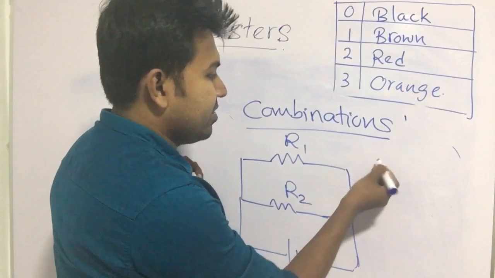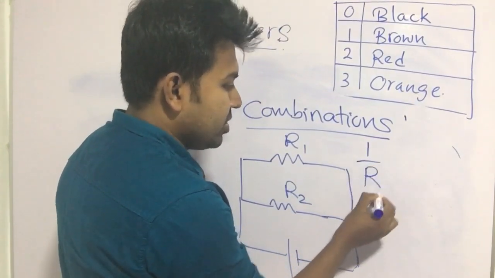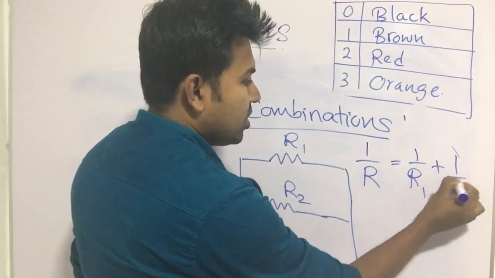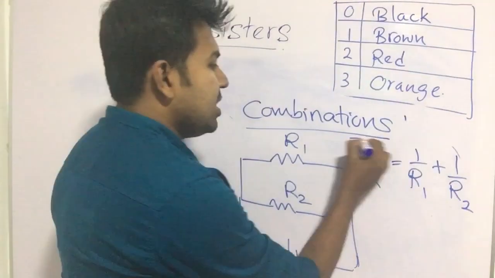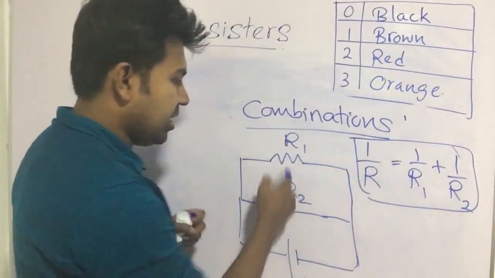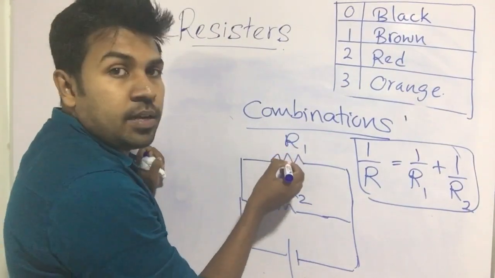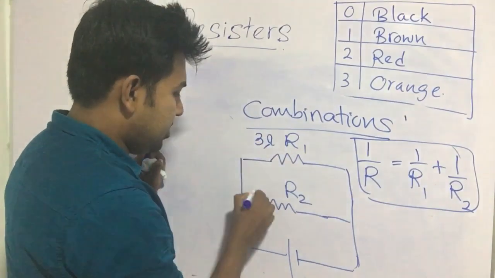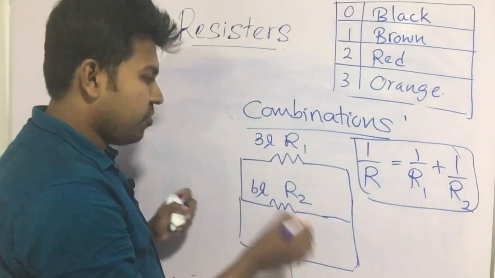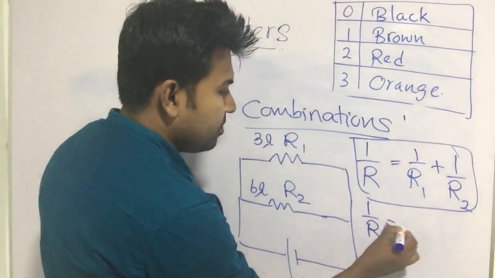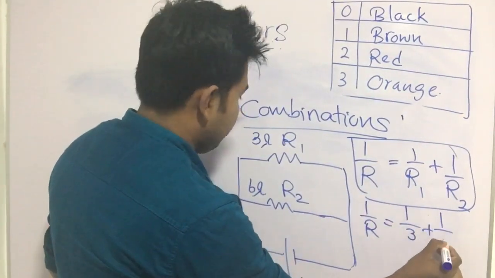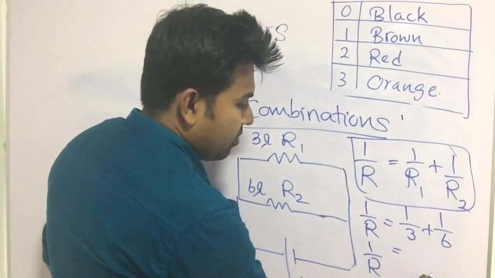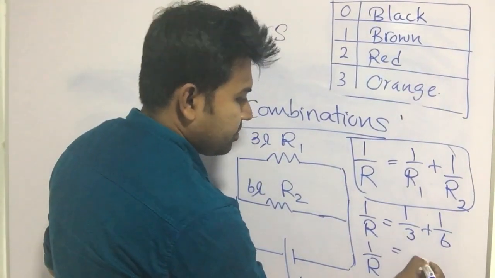How to find the equivalent resistance? 1 over R, so this is the equivalent resistance, equals 1 over R1 plus 1 over R2. So this is the equation that you want to put. So here, if you think this is 3 ohm, this is 6 ohm, then how to find it? 1 over R equals 1 over 3 plus 1 over 6, then you will get 1 over R equals like this.